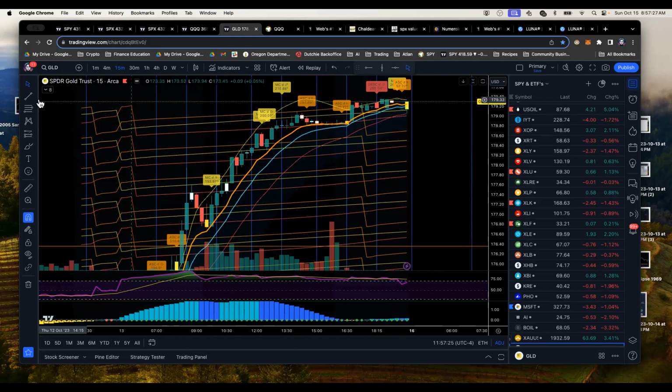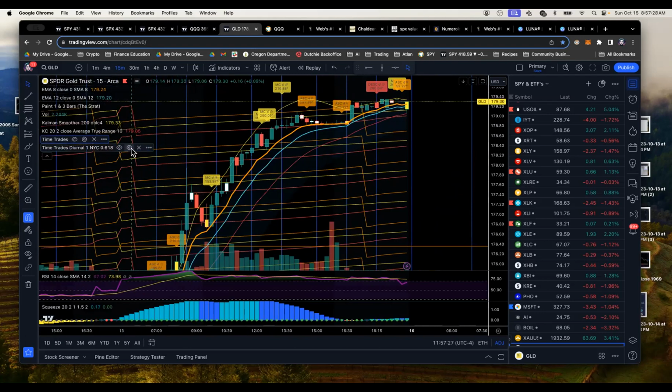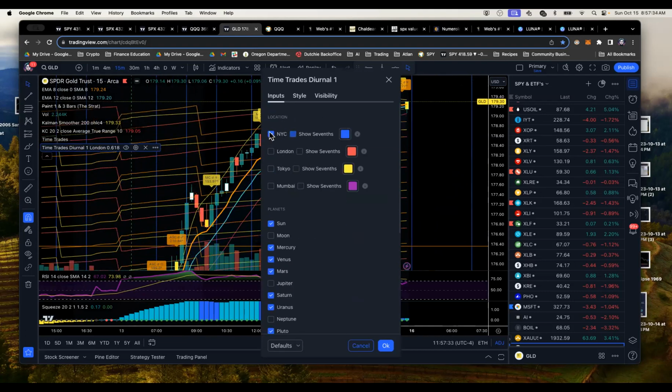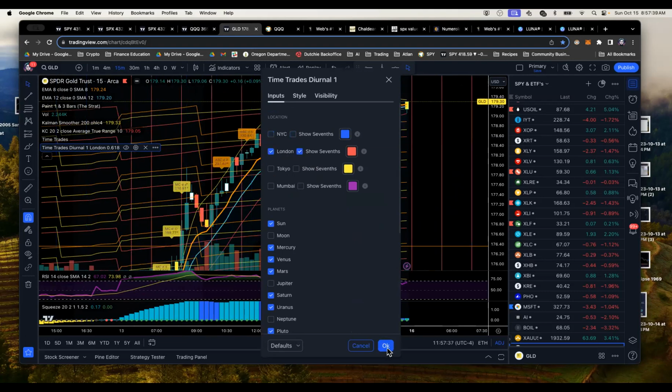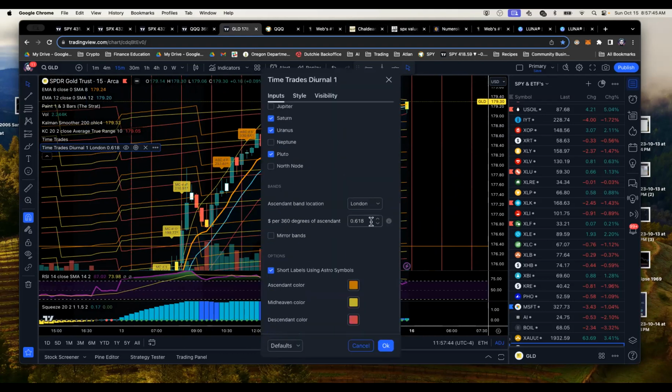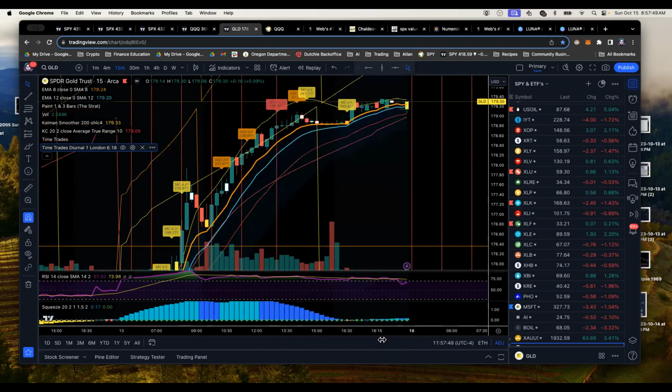And I actually like to use gold in London, and I just realized that we're set to New York here, so let's move that. What if you just 10x the 0.618, so 6.18 instead of 0.618? Have you tried that? London is better. I have tried that, and it's just not good.